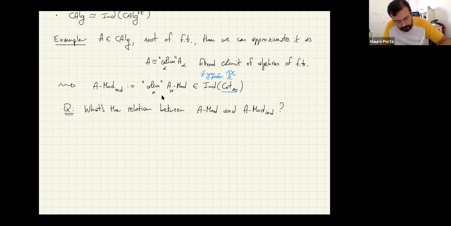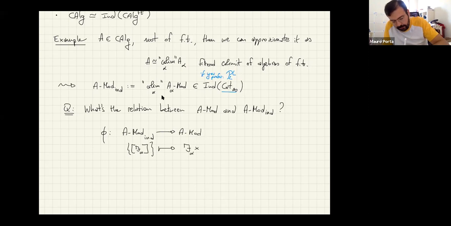Of course, there is a natural functor, a morphism in Cat, that goes from A-mod^Ind to A-mod, which, informally speaking, takes some object F_alpha and sends it to F_alpha tensor over A_alpha with A.